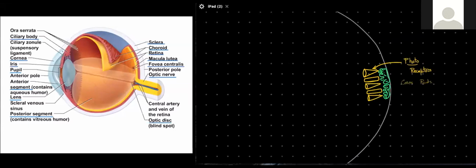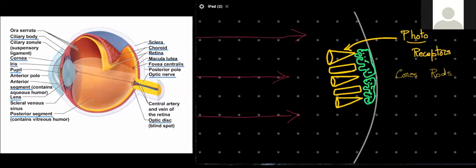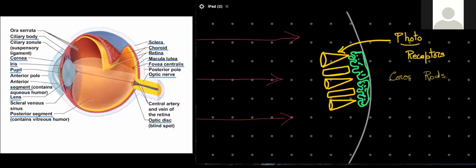So I've got light rays traveling like this. So what happens? Those rods and cones will be able to detect the presence of those light rays, and they will start to create an electrical impulse.